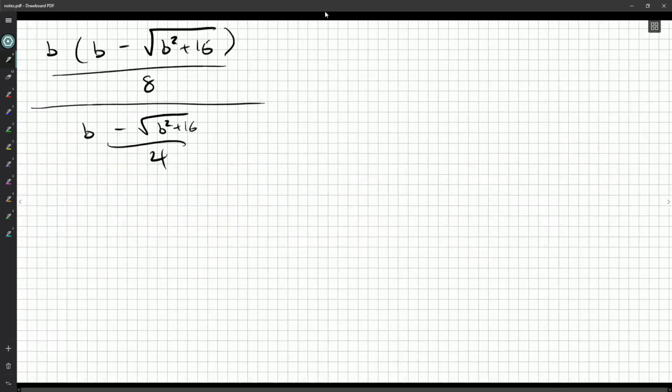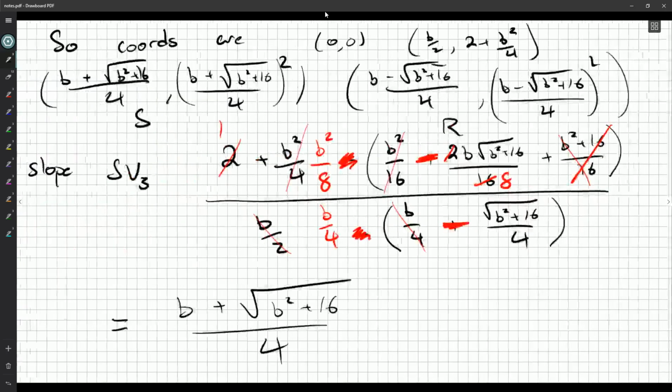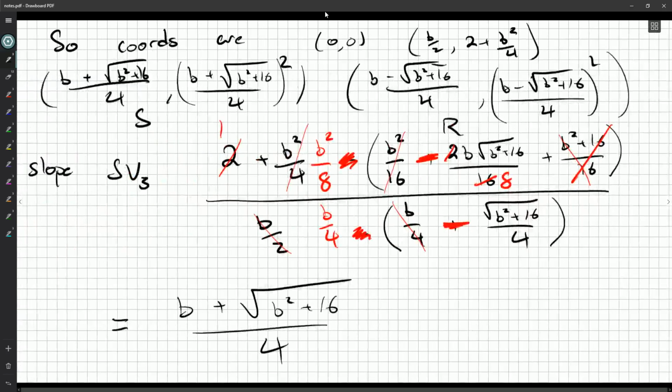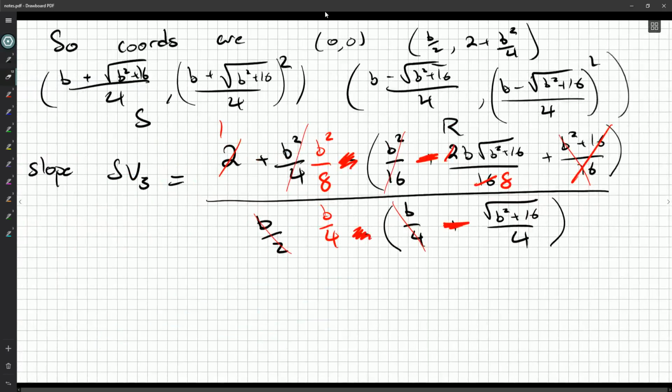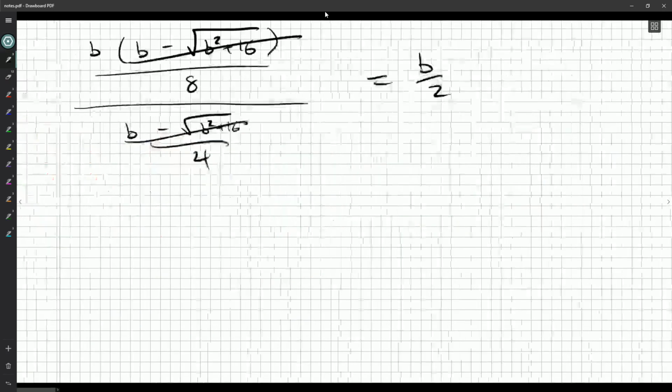Well, that's going to cancel out with that. And then invert and multiply. We're going to be left with b over 2, I think, for this slope right here. So that slope's b over 2. That's kind of interesting.